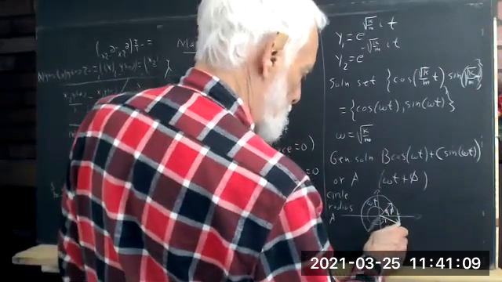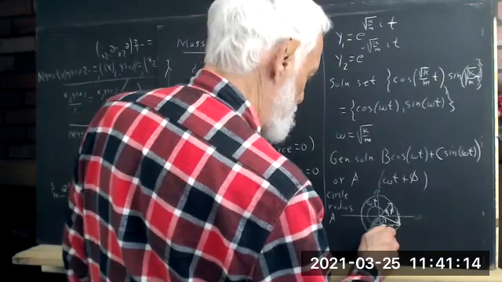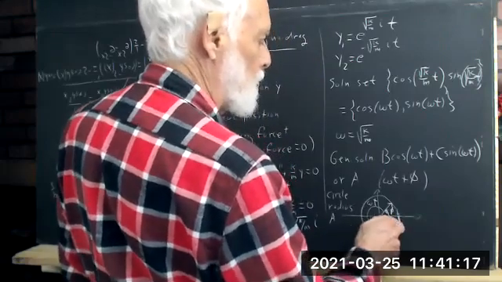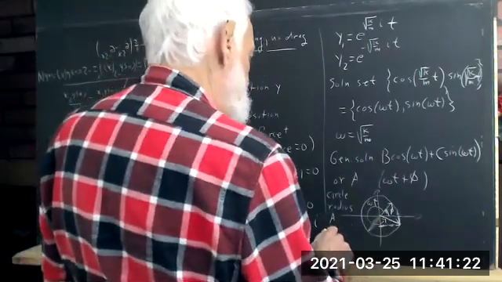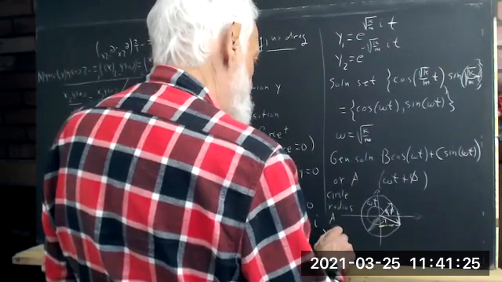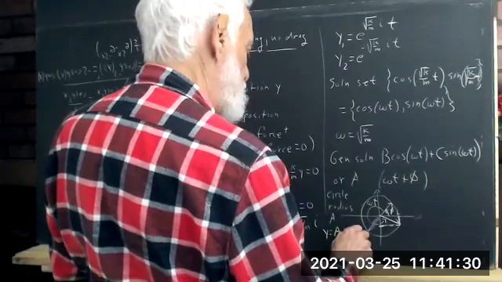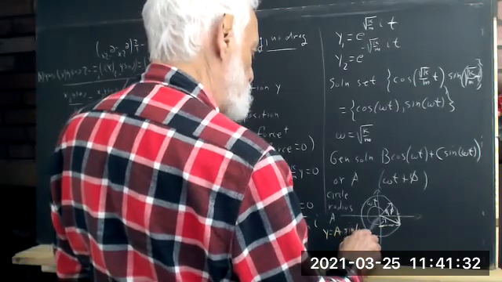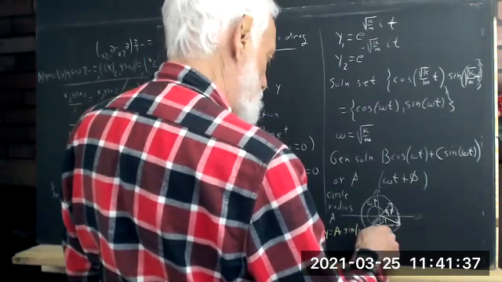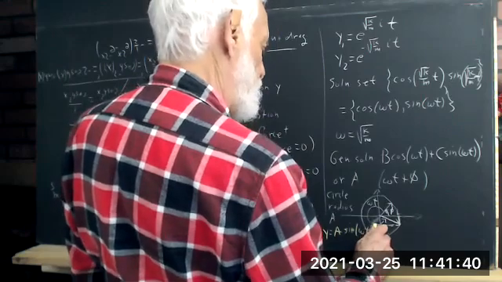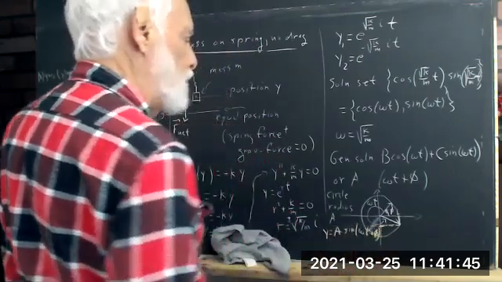And my picture works better. Okay, so here is your y coordinate of the tip of this vector on the circular model. So y is A sine of omega t plus phi.